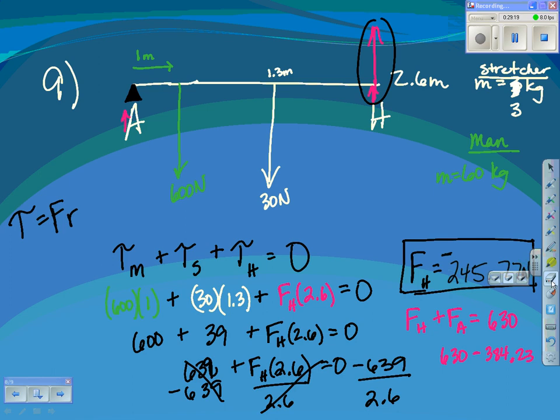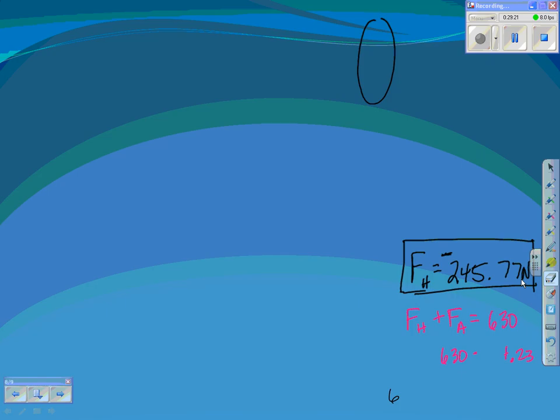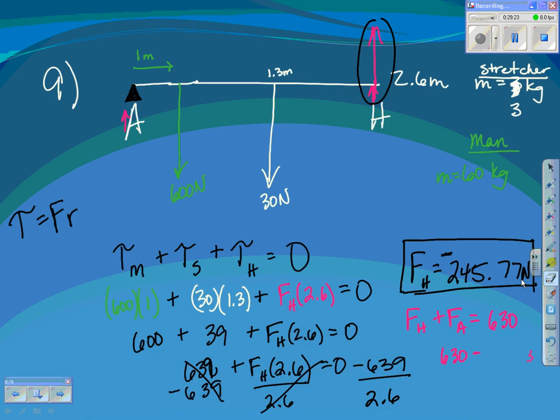So instead of having this down here, we should now have 245.77. I hope a lot of y'all were yelling at me, because if you weren't, I'm going to be really upset.